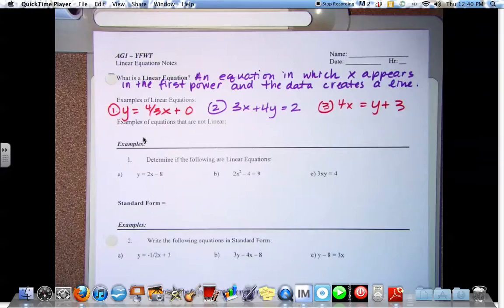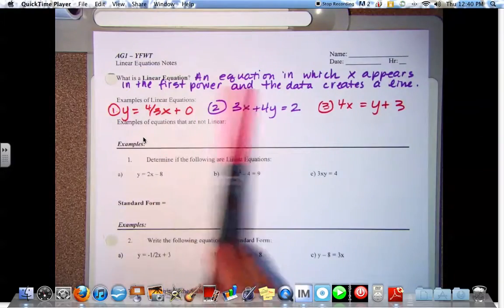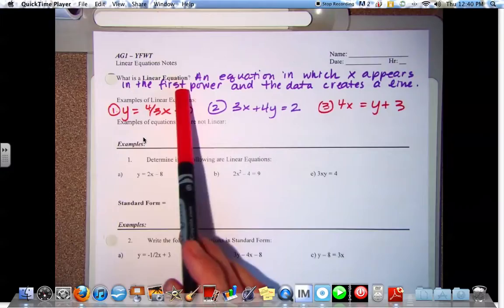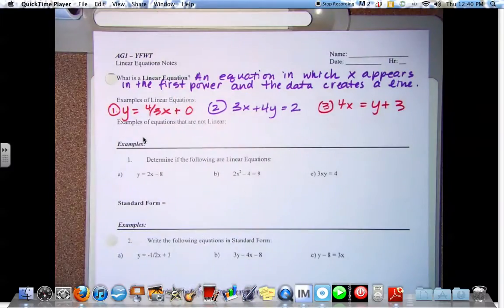All right, examples of equations that are not linear. By definition, a linear equation is one in which x appears in the first power. We've looked at powers just a little bit in our classroom, but you've looked at it before. Power means the what? Something's raised to a power. Starts with an E. Exponent.